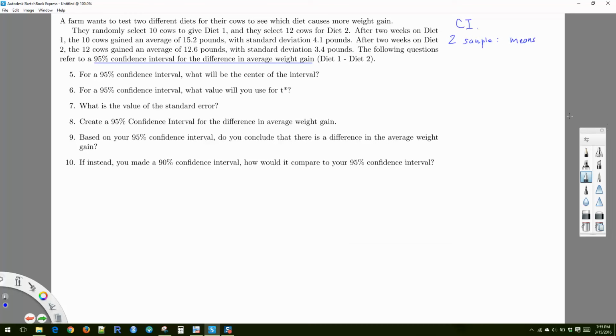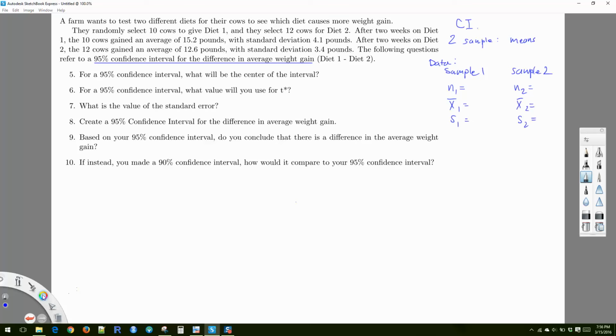As far as the data that we need, we have sample 1, sample 2. So I'm going to have n1, x bar 1, and s1. And n2, x bar 2, and s2.